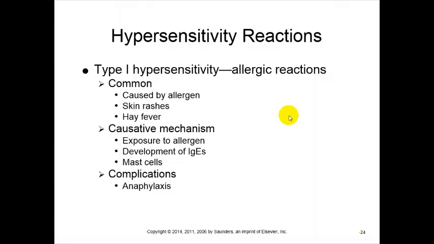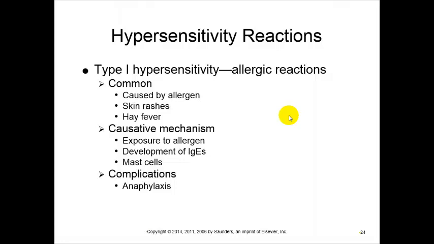For example, pollen. Pollen is not going to invade your system and spread and cause an infection. But your body kind of gets tricked into thinking pollen is a microorganism. So that protein acts as an antigen and it will cause an allergic reaction.